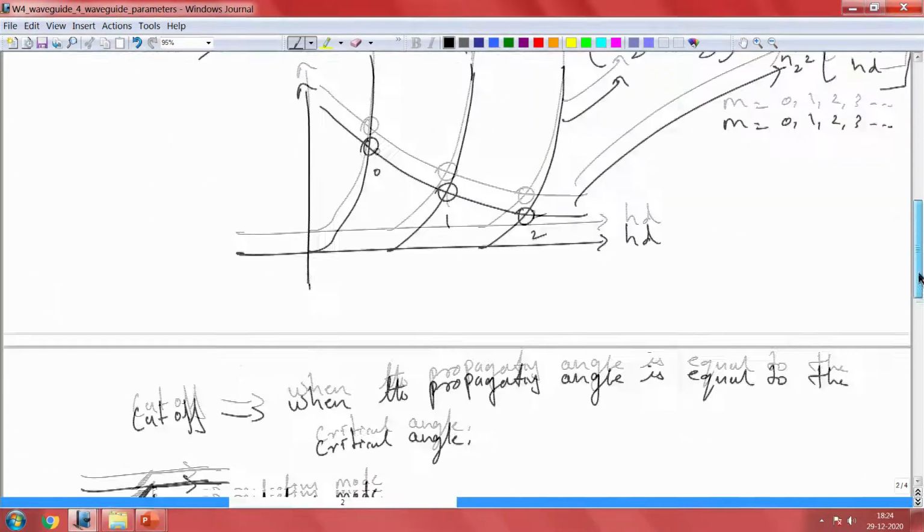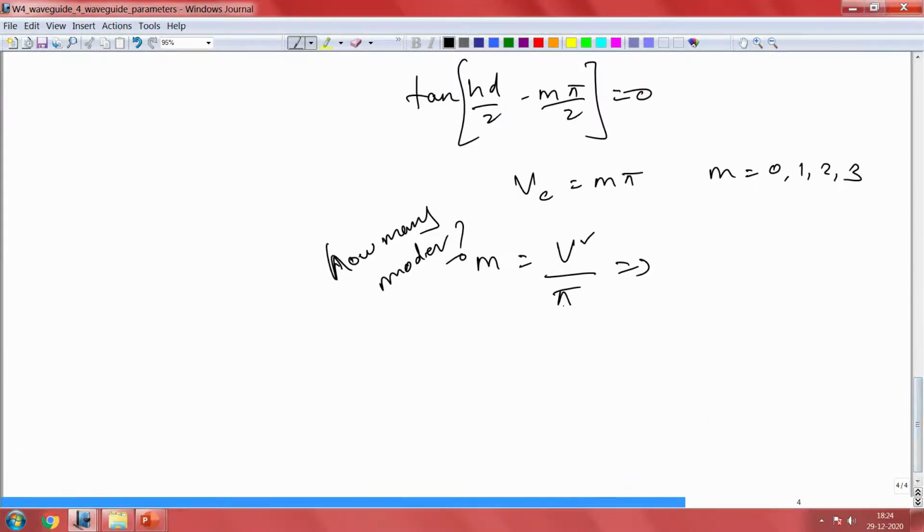Using this V number, we can easily figure out whether there is any propagating mode there or not, right. One important thing is it comes with a square bracket, which means the nearest integer larger than the bracket value. So it is the ceiling.